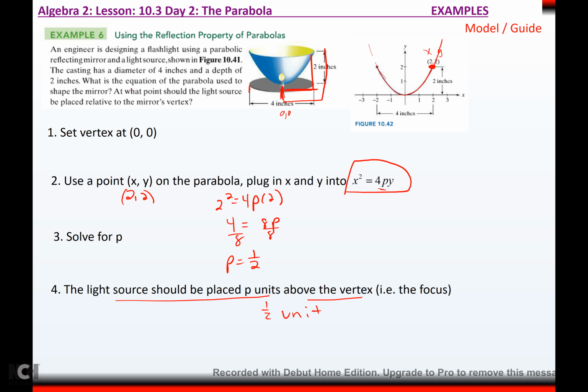I didn't read it very well though. They also said they want the equation of the parabola. Well, if I know p, plug it in. So I have x squared equals 4 times 1/2 y, which gives me x squared equals 2y. There's the equation for the parabola.